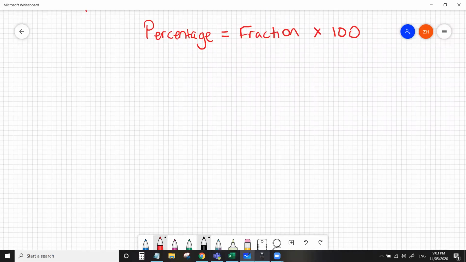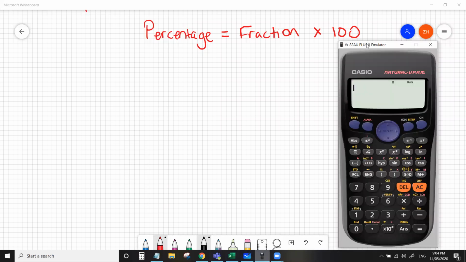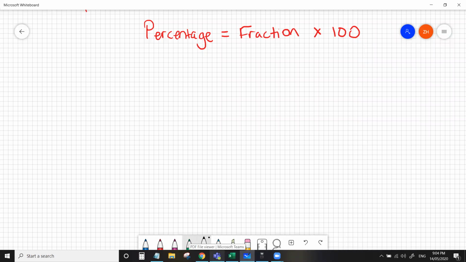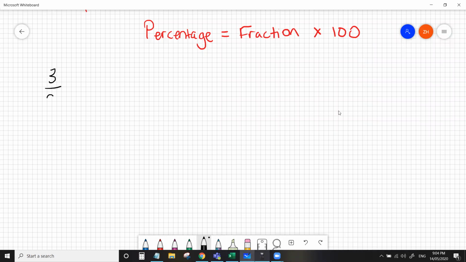So if we have our scientific calculator, I've got a Casio version here. We'll do a few different ones, but we can change any fraction we want into a percentage nice and easily on a calculator. So let's start with 3/8.